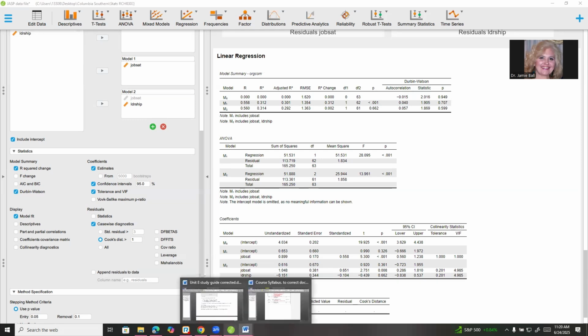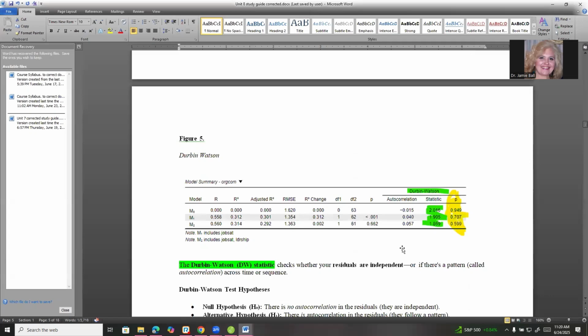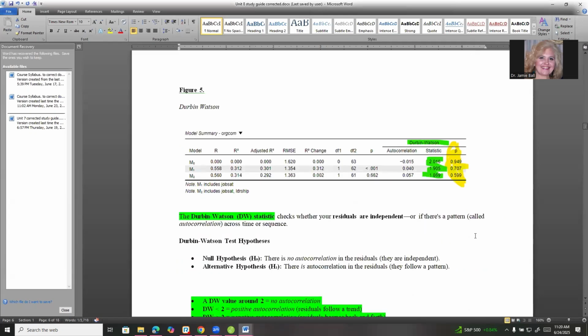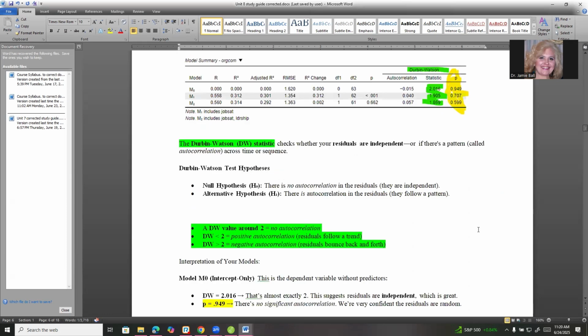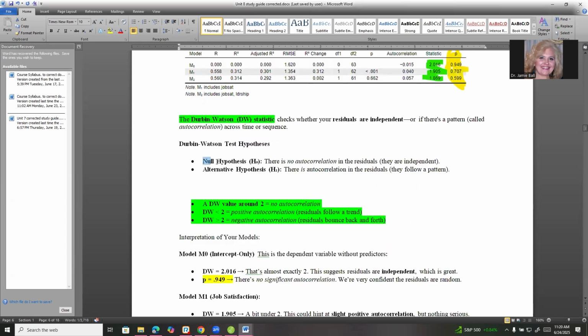Now remember, the Durbin-Watson is testing whether the residuals are independent or if there's a pattern. Okay, so here's the null hypothesis, that there's no autocorrelation in the residuals. They are independent. So failure to reject the null means my assumption is met. If I reject the null, the assumption is violated because there is a statistical significance and there's autocorrelation of the residuals.